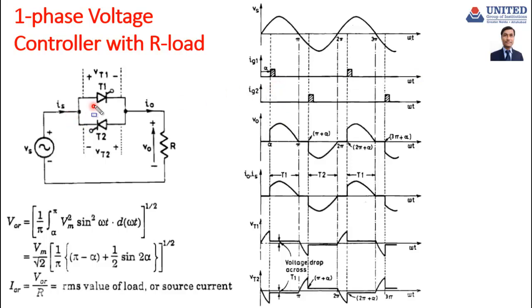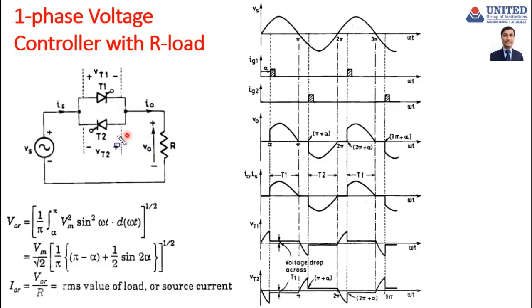So T1 starts conducting and source voltage is applied to the load from alpha to pi. At pi both V0 and I0 fall to 0, and just after pi T1 is subjected to reverse bias. Therefore it turns off.